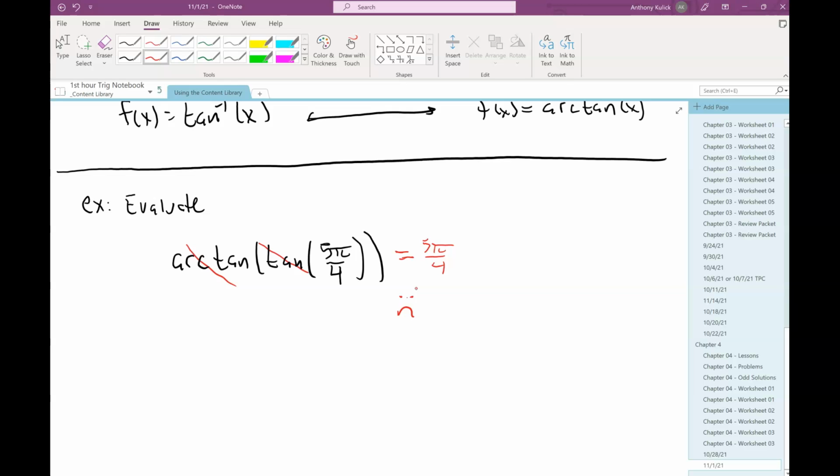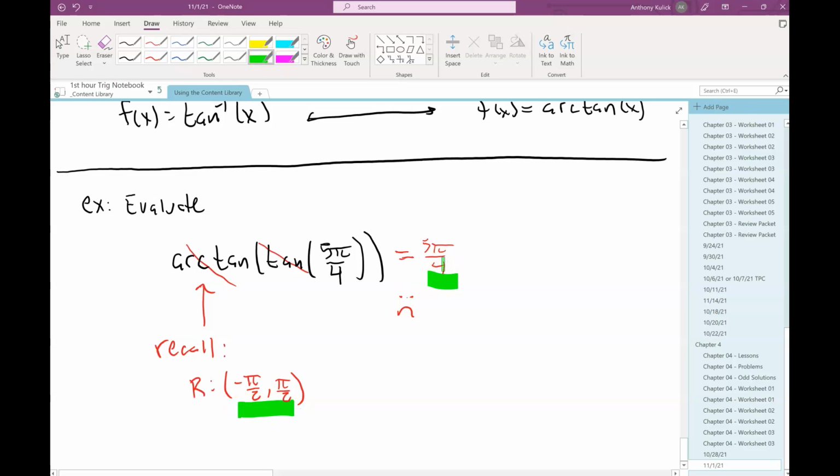The reason that doesn't happen: remember for tan inverse, the range of values was negative pi over 2 to positive pi over 2. And if we look, 5 pi over 4 is definitely not in that interval, right?